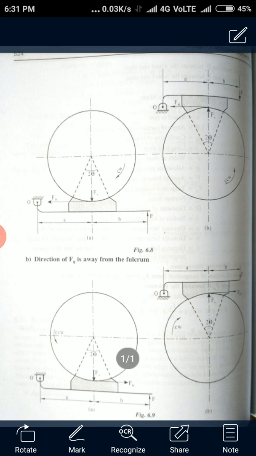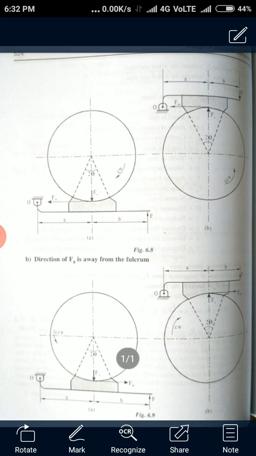What is the B distance? B is the distance between the center of the block or center of the lever and the applied force, you see here, F. A is the distance between fulcrum O and the center of the block. B is the distance between the center of the block and the force F applied.